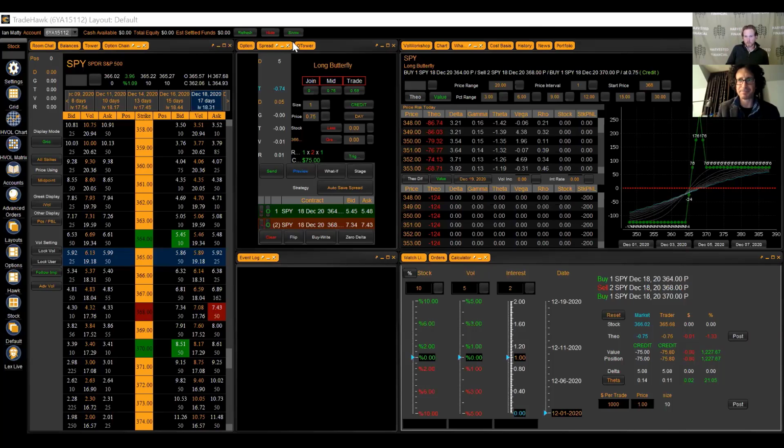Okay, so it looks a little crazy at first if you've never looked at an option pricing platform. A lot of numbers, but that's okay. On the left side over here, we have SPY markets, and our model portfolios focus for the most part on the major ETFs: the S&P 500, which is the SPY, QQQ, which represents the NASDAQ 100, and IWM, the Russell 2000.